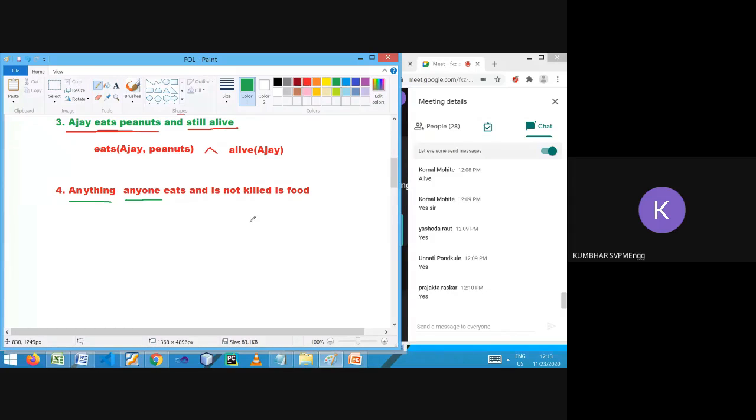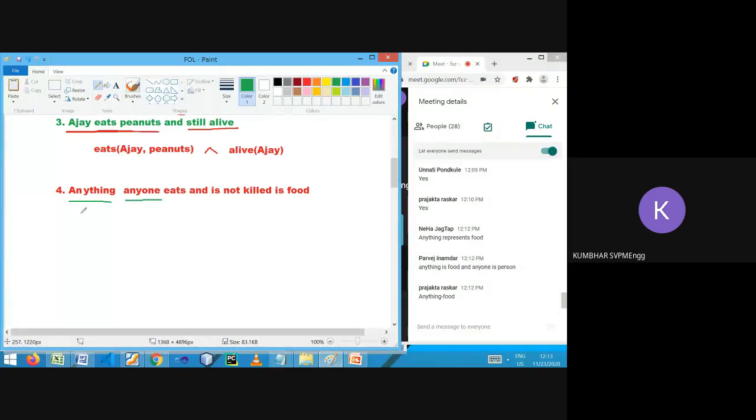I hope now you understand how natural language statements become more complex to understand, because they take the reference of the previous word or previous sentence and apply it to the next sentence. Anything represents food. Neha is saying very good, you are correct.